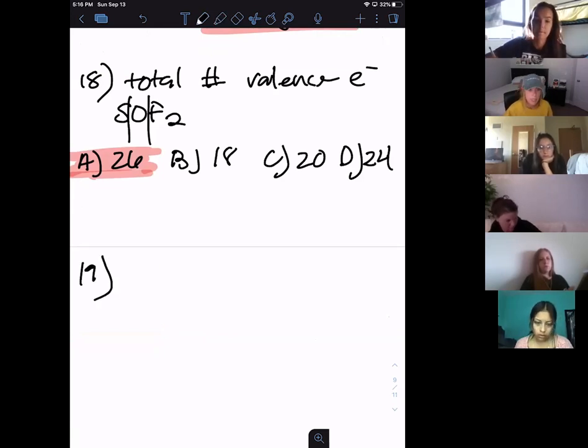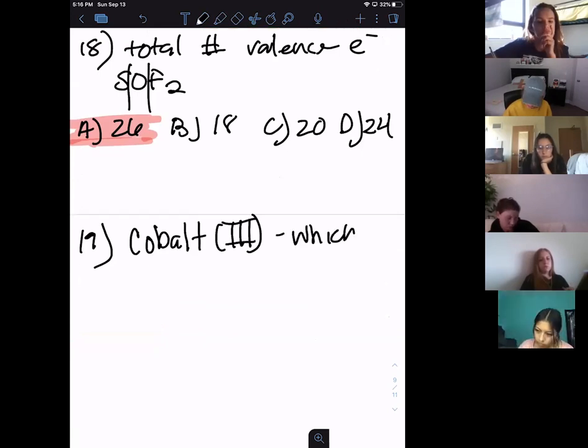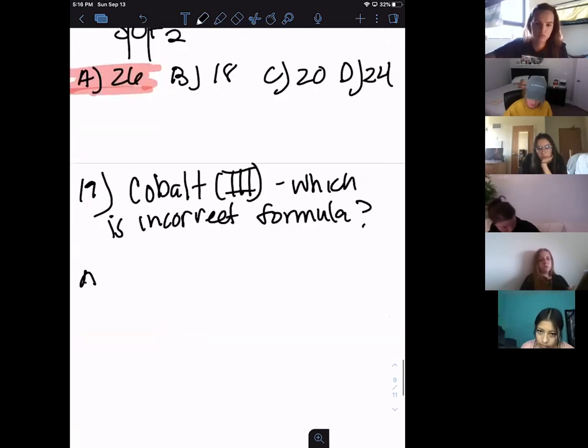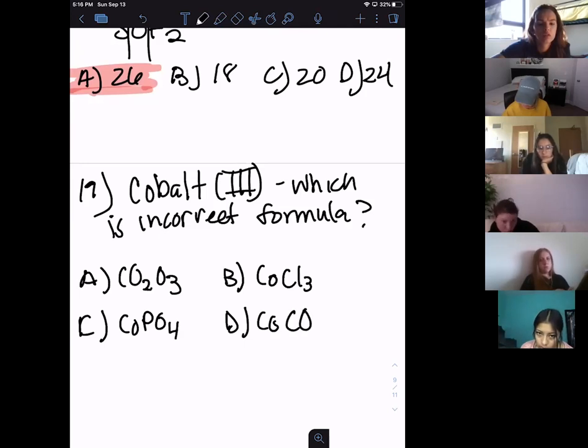19. Which of the following formulas is incorrect? So now I'm going to give you cobalt 3, and I'm asking you which is incorrect. CoO, Co2O3, CoCl3, CoPO4, CoCO3. How do I even begin to do this?